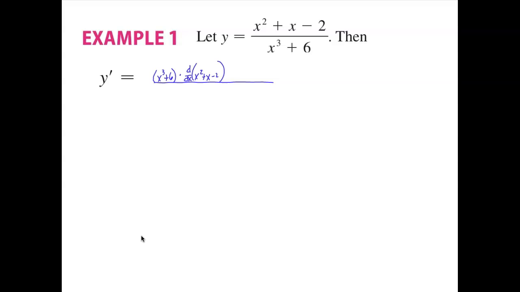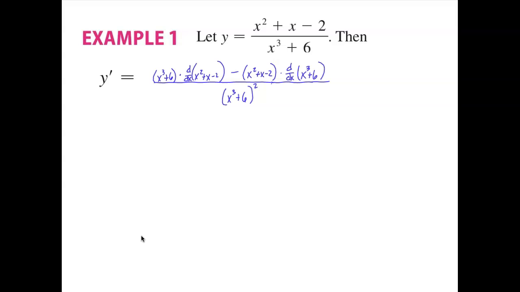All right, minus high, which is x squared plus x minus 2, d low, so times the derivative of the denominator, x cubed plus 6. So again, I'm setting it up. I'm saying I'm about to take the derivative of x cubed plus 6. I just have not done that yet. Square the bottom, so x cubed plus 6 quantity squared, and away we go. Great.